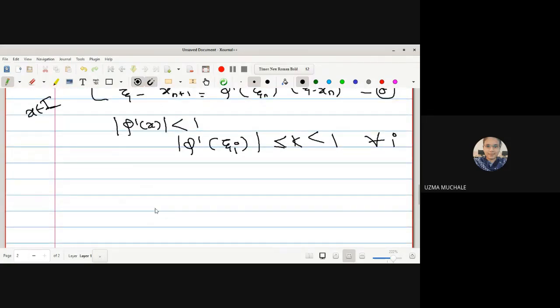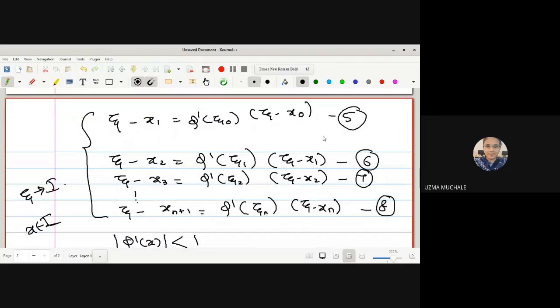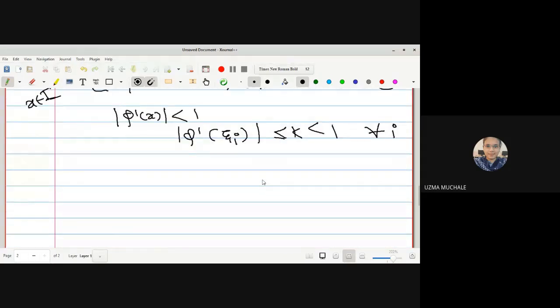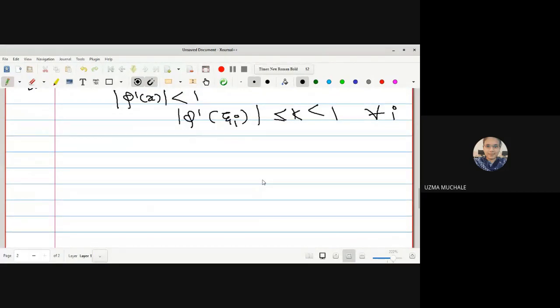Now using this in our above equations, all these we have to substitute. Phi dash of zeta is less than or equal to k, which is less than 1. Here also phi dash of zeta 1, phi dash of zeta 2, phi dash of zeta n. So what will be the equations now? We are going to apply modulus: mod of zeta minus x1 is less than or equal to mod of zeta minus x0.